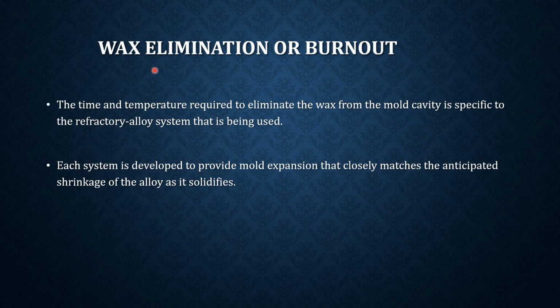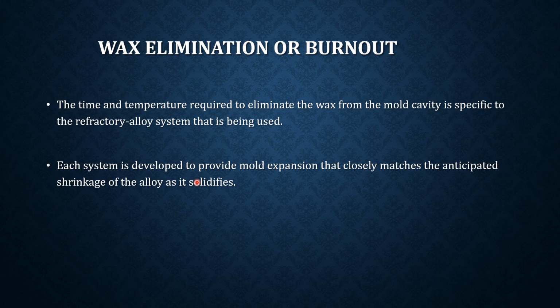Coming to the wax elimination or burnout, the time and temperature required to eliminate the wax from the mold cavity is specific to the refractory alloy system. So it depends on whatever system and investment material we have used.